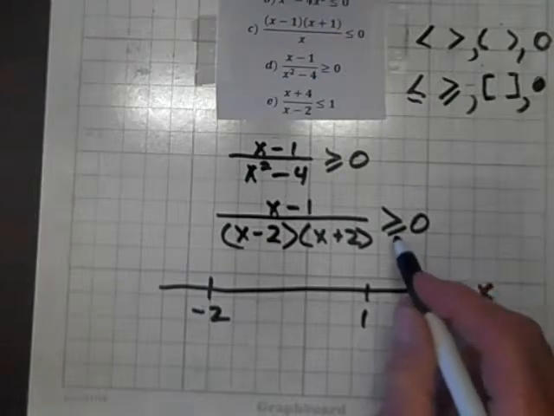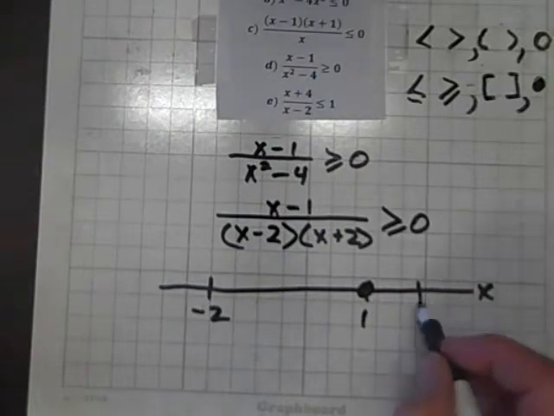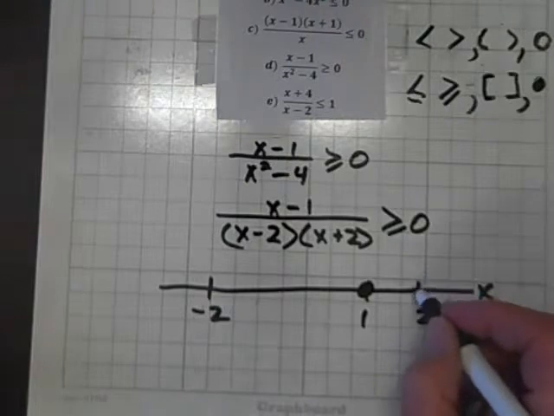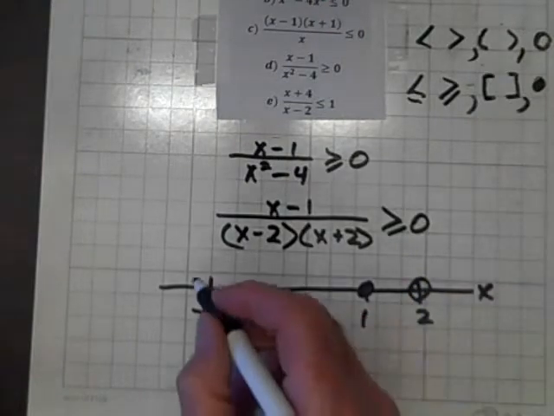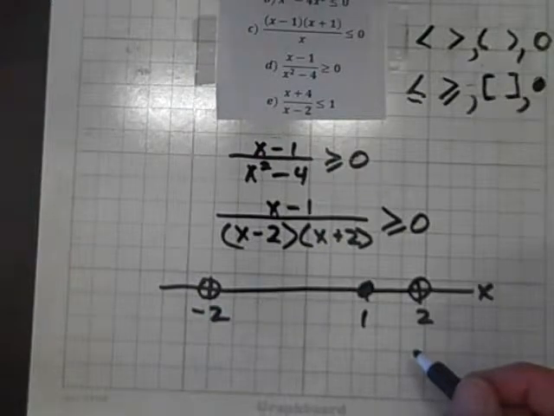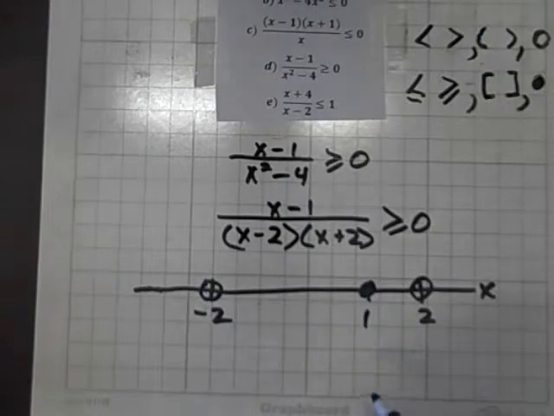Now, we've got an equal sign associated with this inequality, so we can use a solid dot on the 1, but because 2 and negative 2 will take that denominator to 0 and division by 0 is undefined, we'll put open circles at those points.